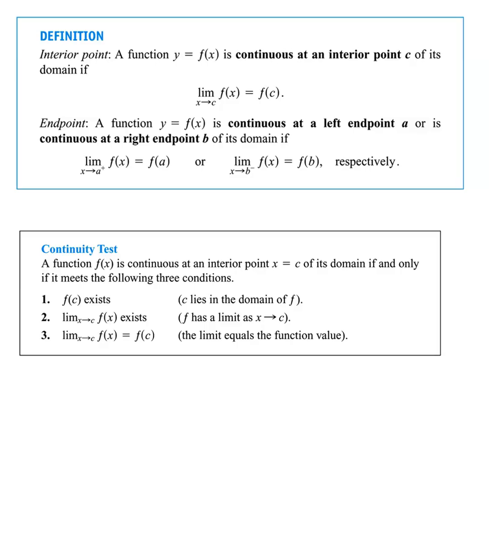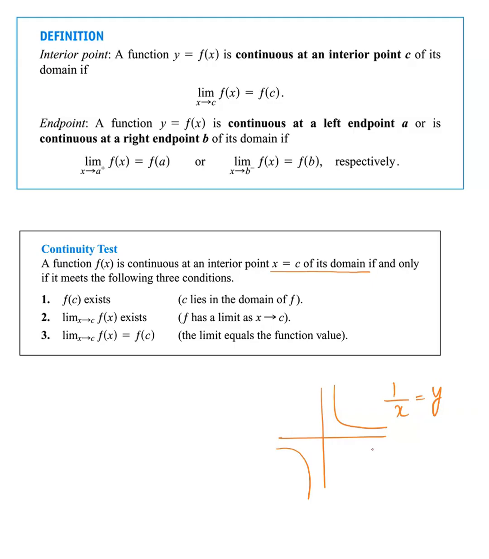It says domain because you can't just look outside the domain and say, oh, it's not continuous, right? A good example would be the rational function 1 over x. Let me say y equals 1 over x. If you see, there is a discontinuity, right? There's a break at 0. So if we look at it like that, then we'll say, oh, it is not continuous because there is a break there.